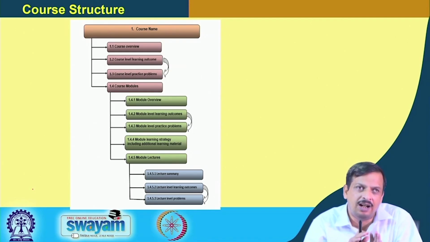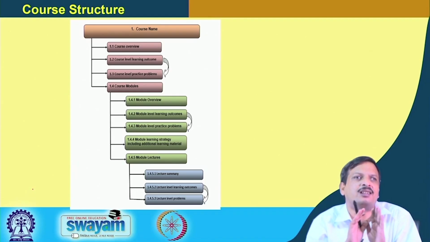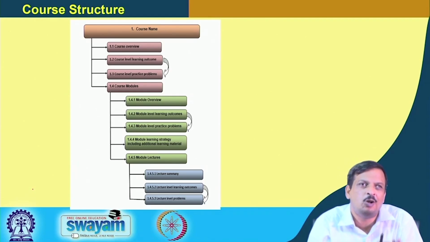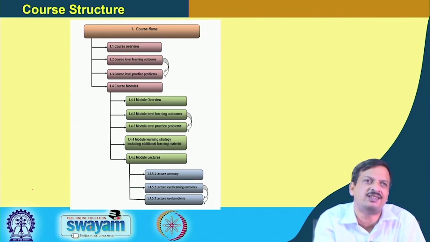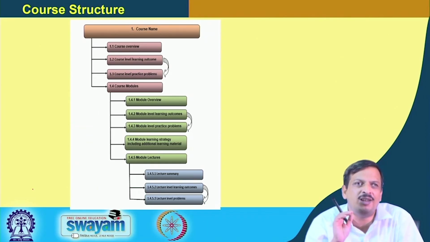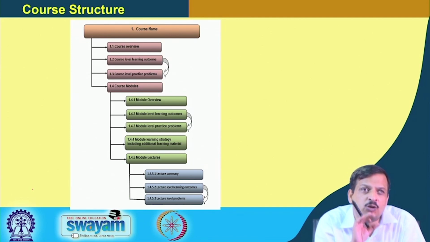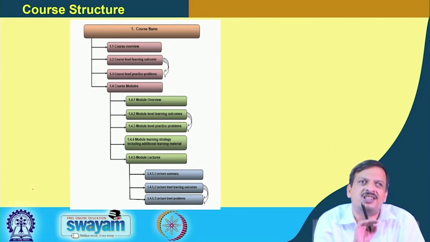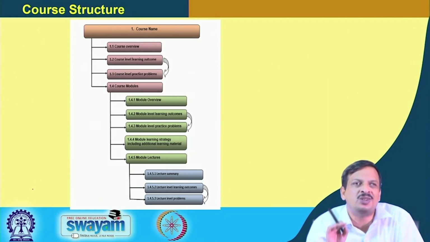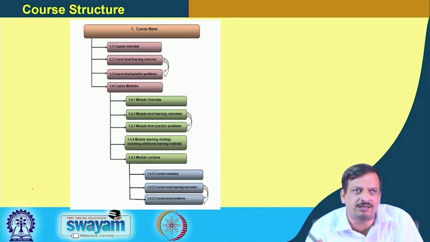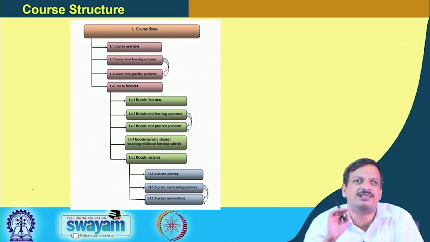I will demonstrate a framework software where you can develop these entire structures, and I will explain how you use those structures in your teaching learning process, so that student engagement is enhanced and their skill is developed.